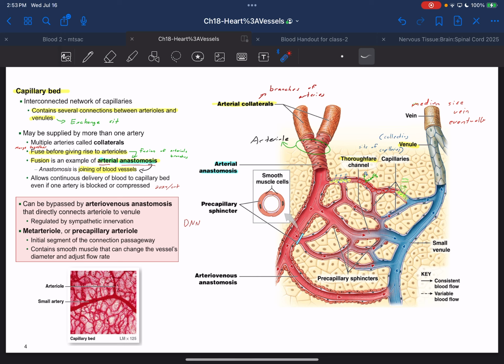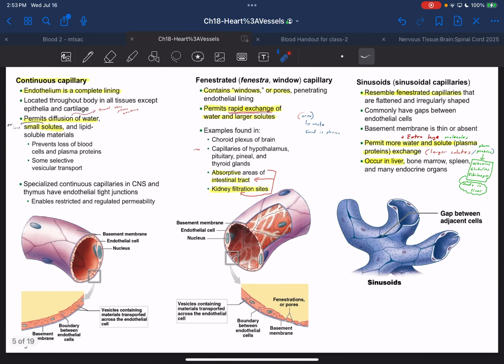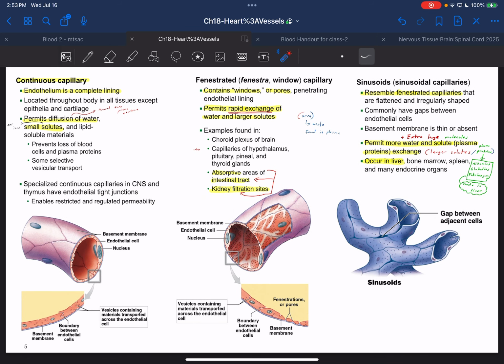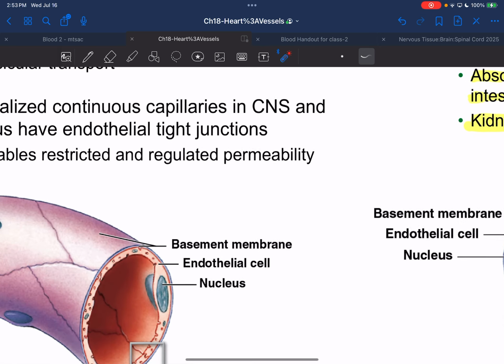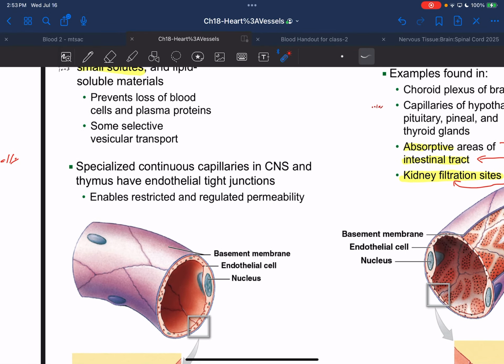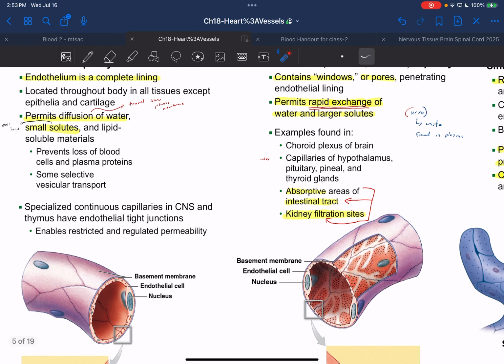And so I'll start here again as a little recap. I just want to finish up this last little bit on capillaries, and we're done with blood vessels, and we go back to the heart tomorrow. And so capillaries can be continuous. They permit just regular diffusion as far as you're concerned. They're continuous, meaning they don't have pores. They just look like fully built cells.